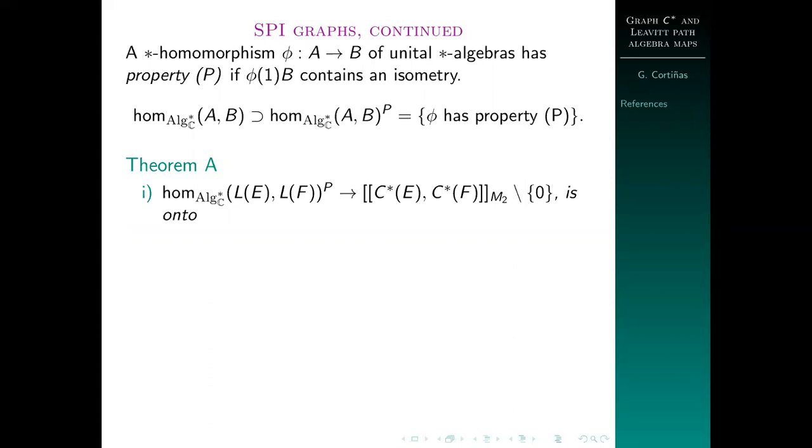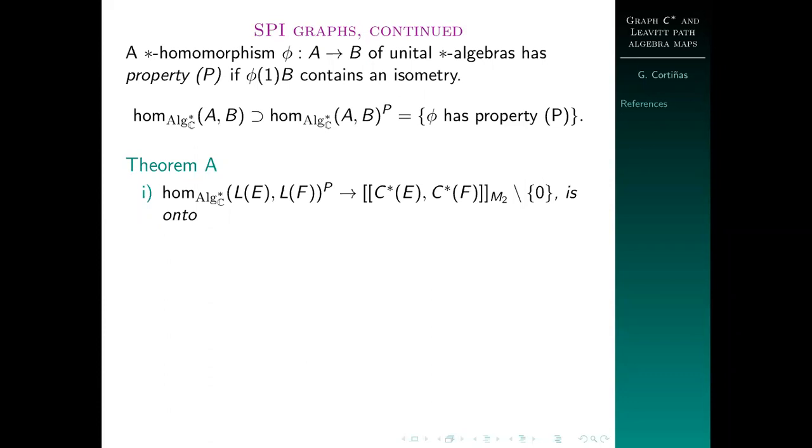Okay, so I write a superscript P for the star homomorphisms that have property P. And the first item of my theorem A is that the map from star homomorphisms with property P to M2 homotopy classes of C-star homomorphisms, non-zero ones, is onto.